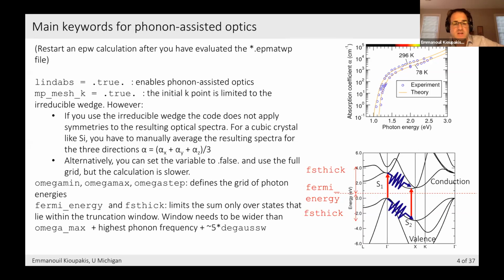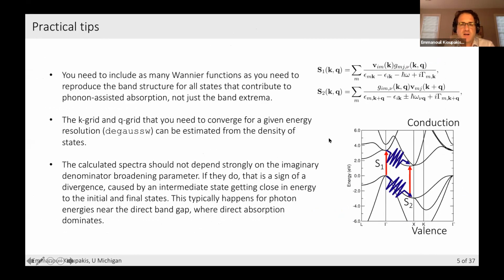So that is a safe window to use to calculate your spectra. Okay, omega max plus the highest phonon energy plus 5 or 6 times your Gaussian broadening. That's a safe window to ensure that there are no states you are missing that contribute to your spectral region. Okay, so that's a few tricks to consider, and some other practical tips.